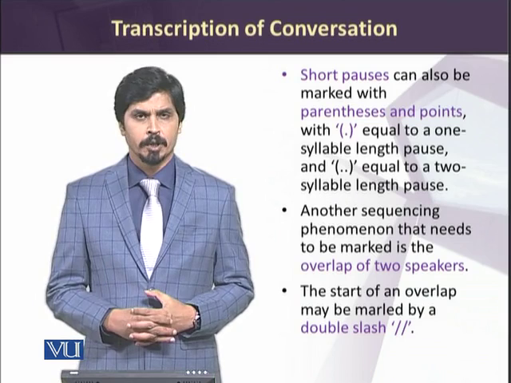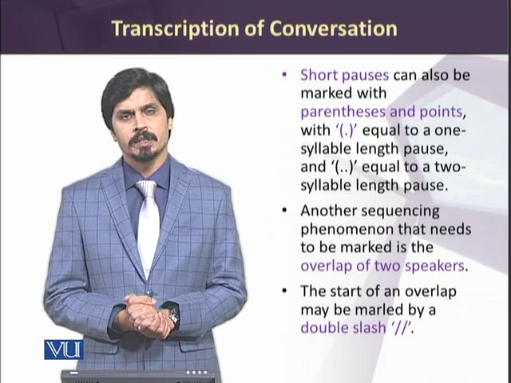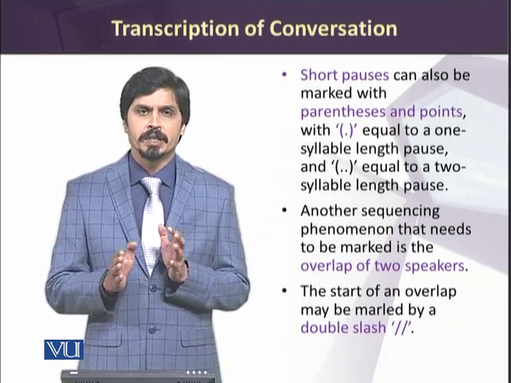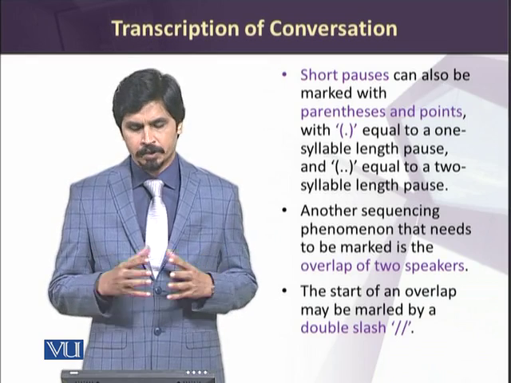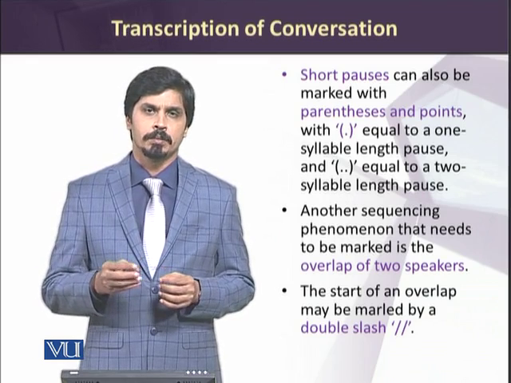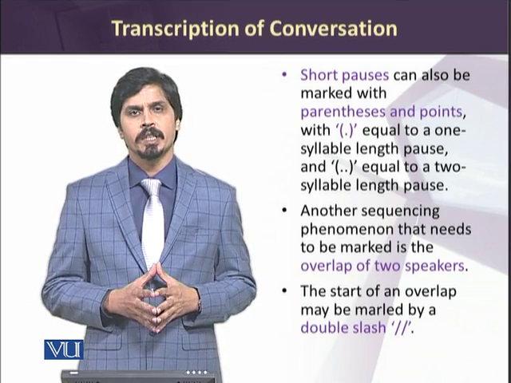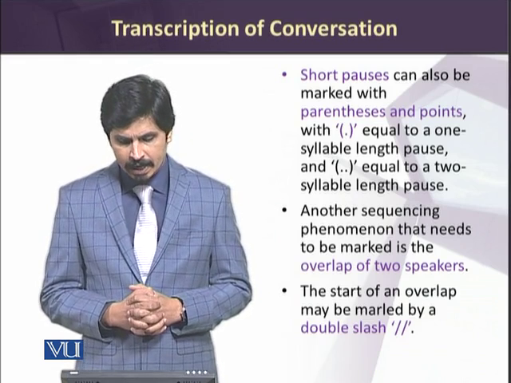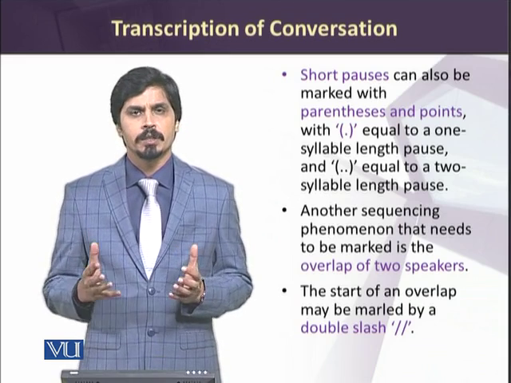Another sequencing phenomenon which is very important to be marked is the overlap. When two speakers or more than two speakers speak simultaneously and cross each other's talk, we call this overlap in pragmatics. This overlap is shown by a double slash which is in front of you at the bottom of your screen, and this slash is usually written at the start of an overlap, and not at the end.